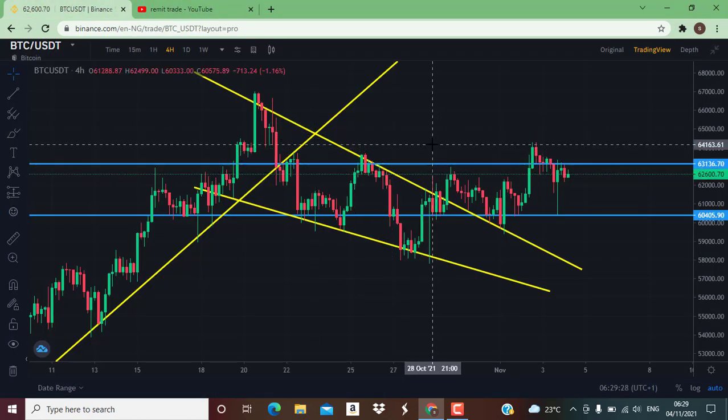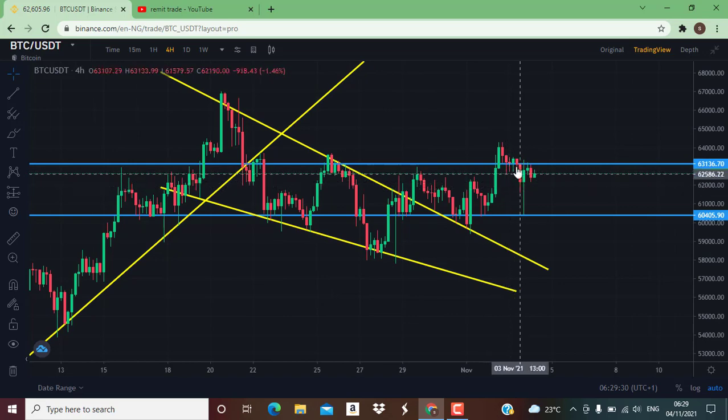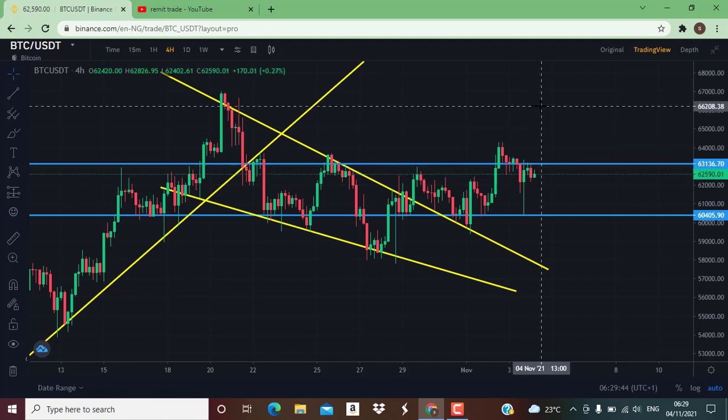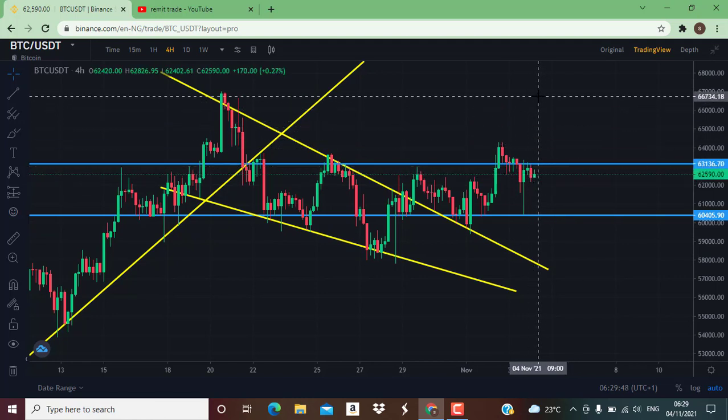So right here on BTCUSDT, I did the analysis yesterday and I said if you see a bullish engulfing pattern, closing price reversal candle, or if you see a hammer, a rejection candle around this area, then that will be a possible good area to take a trade for the market to go back up, maybe reaching this very all-time high again.